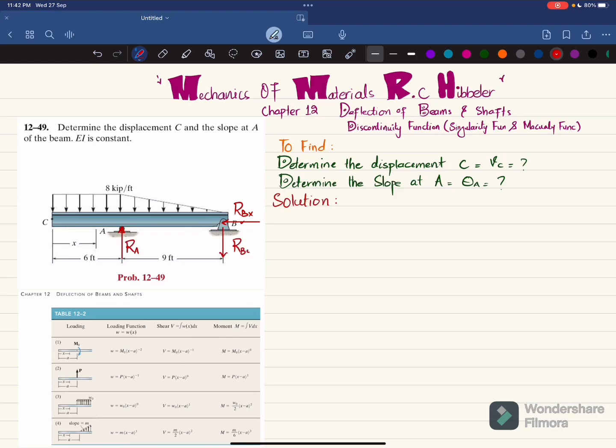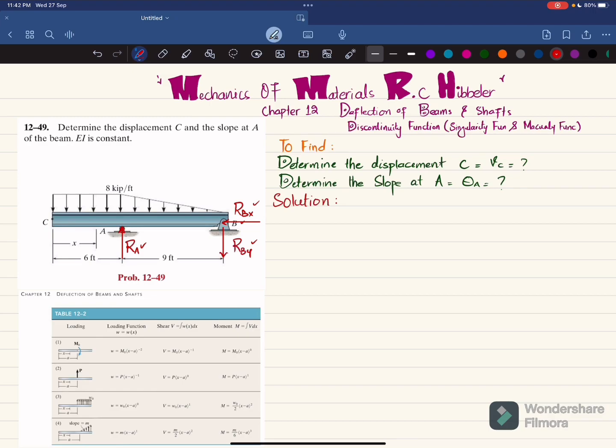So we have taken RBY downward. You can take it upward, and when you calculate it, if the value comes out to be negative, it means that your selected direction is wrong and it should be in the opposite direction. So you'll find this RA, RBY and RBX by using equations of equilibrium.